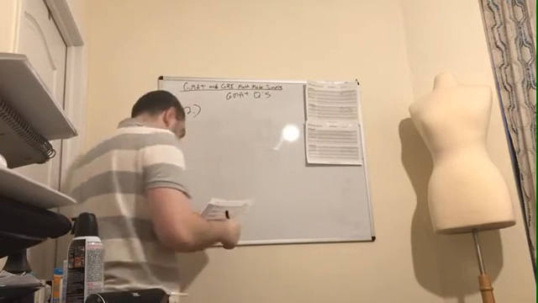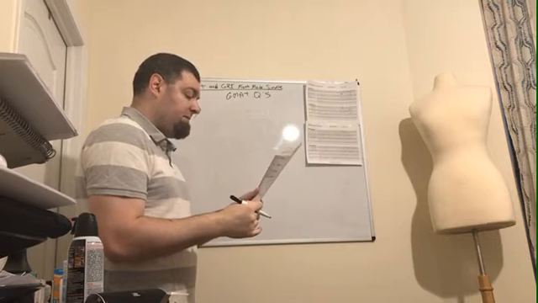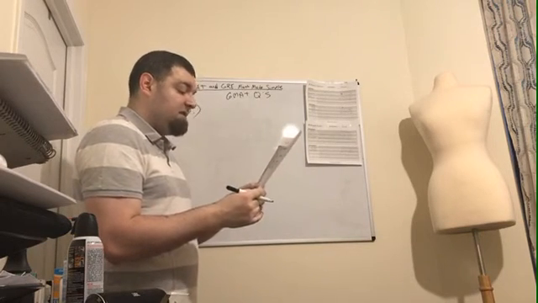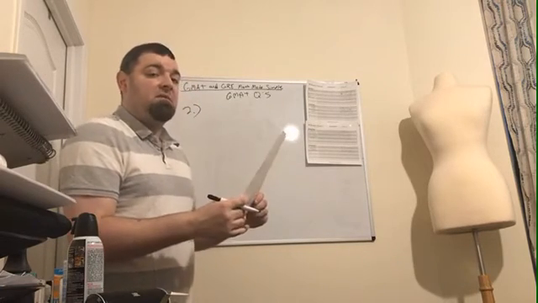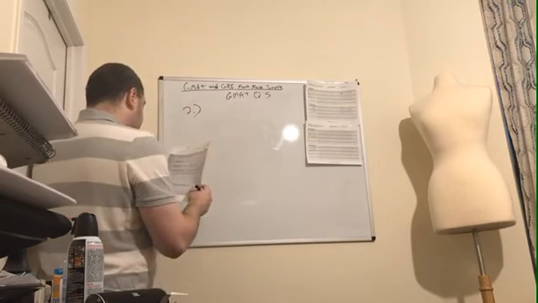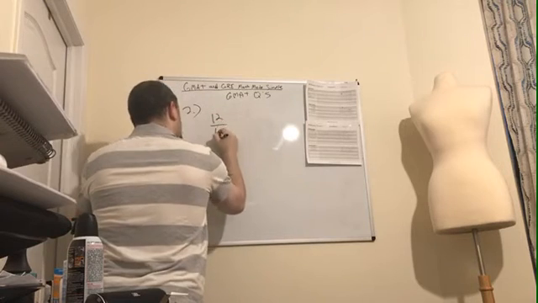Number 2. A bottle counting machine caps 12 bottles per minute. How many minutes can the machine take to cap 30 bottles? This is similar to the last one, except this time we do it a little differently. We have 12 bottles per 1 minute.